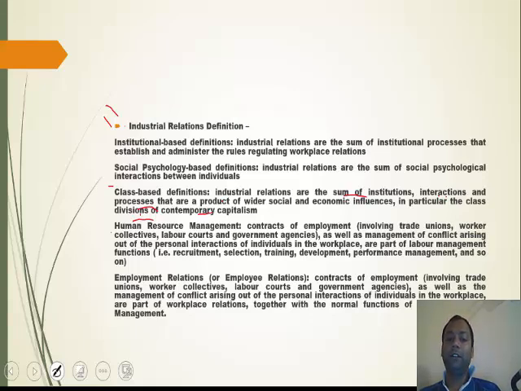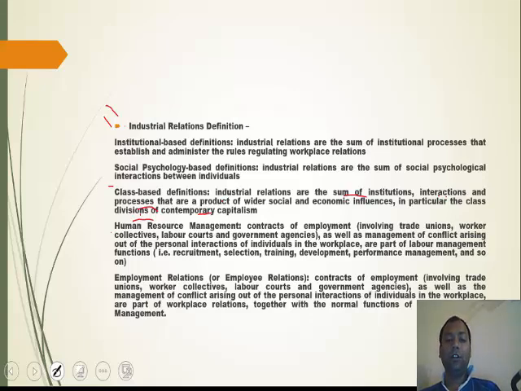Now human resource management. Contracts of employment involving trade unions, worker collectives, labor codes, and government agencies, as well as management of conflict arising out of the personal interactions of individuals in the workplace, are part of labor management functions, that is recruitment, selection, training, development, performance management, and so on.